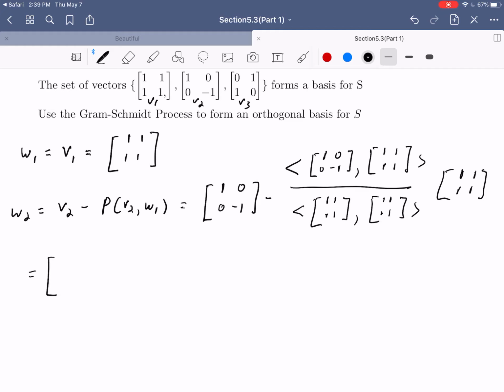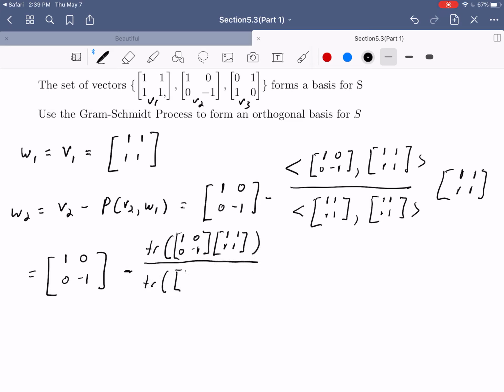That gives us 1, 0, 0, minus 1, minus, okay, to do this we have to do the trace of the product. We have to take the transpose of this one, so 1, 0, 0, minus 1 times 1, 1, 1, 1. And down here we have the trace of the transpose of this, which is still 1, 1, 1, 1, times 1, 1, 1, 1.